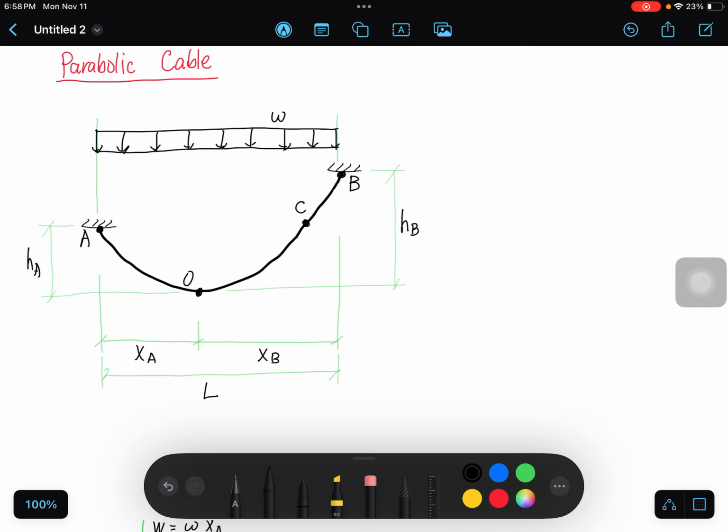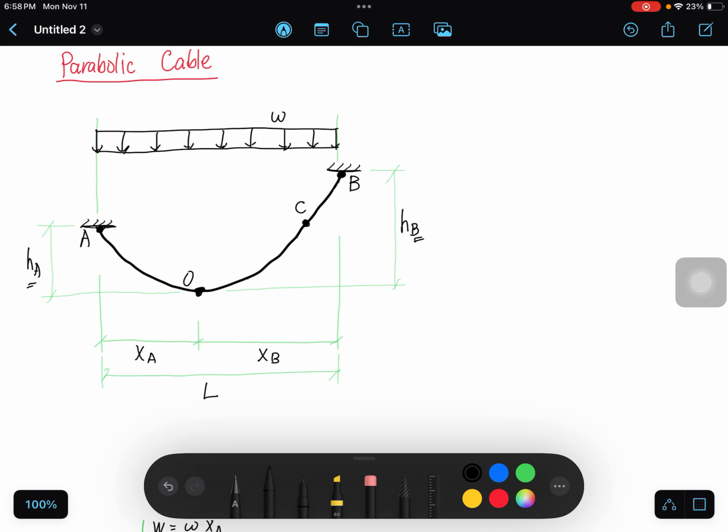So, of course, meron tayong parabolic cable, and then, nakasupport siya sa point A, and then point B. Siyempre, kapag nagsuspend ka ng cable, may sag yan. Ang lowest point niya, we denote it with point O. So, the dimensions from point B down to point O, so HB, and then from point A down to point O, it's HA.